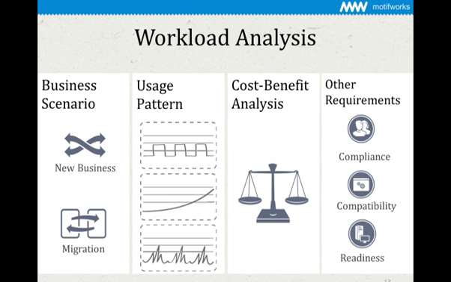Spikes, the last box that you see, is the spikes. And these spikes can be of different kinds. One is a predictable spike. An example of that predictable spike, which is very common, is tax season. You may have a business and you may have an application that is heavily used during tax season.